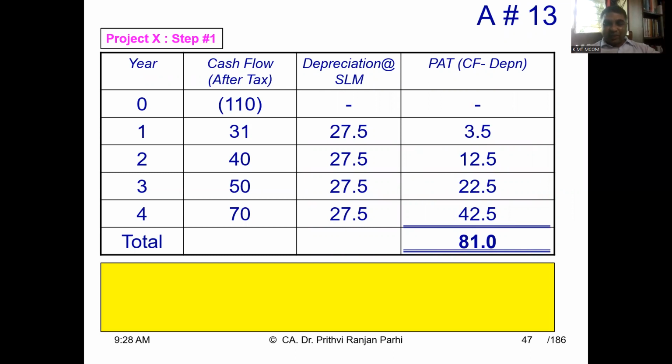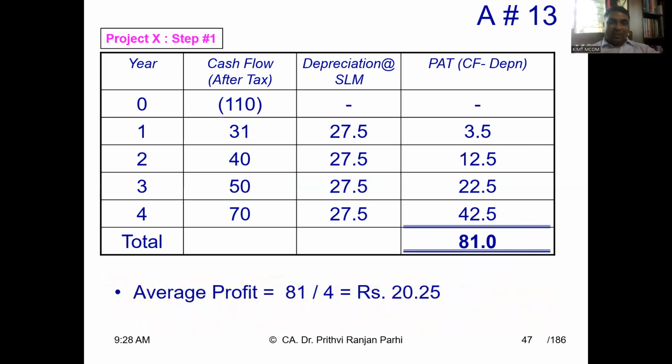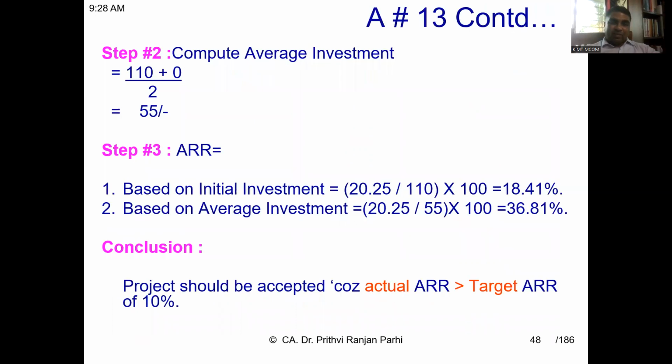Total profit is 81. So if you calculate the average profit of 4 years, 81 by 4, it comes to 20.25. Now, the average investment is 55. So ARR can be 18.41% if it is based on initial investment, that is 20.25 divided by 110.